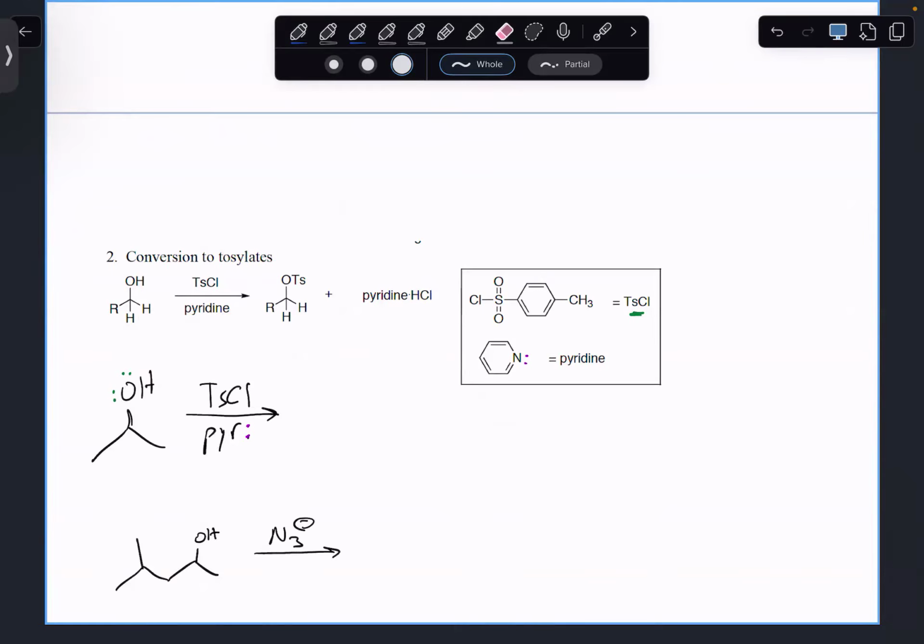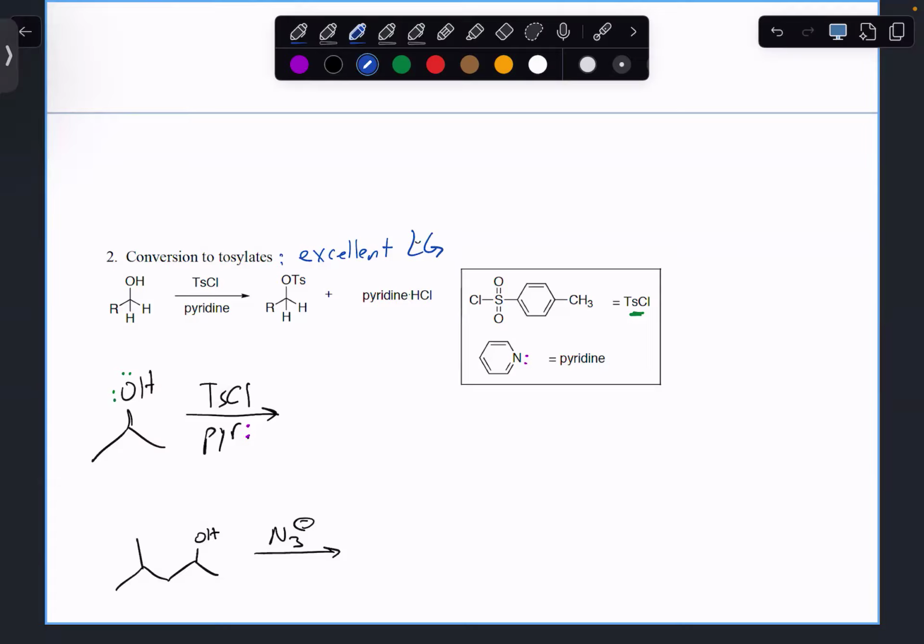Next one is something we've talked about before. We have talked about tosylation before. You'll recall that a tosylate, we introduced this when we were talking about leaving groups. Right, a tosylate is an excellent leaving group.